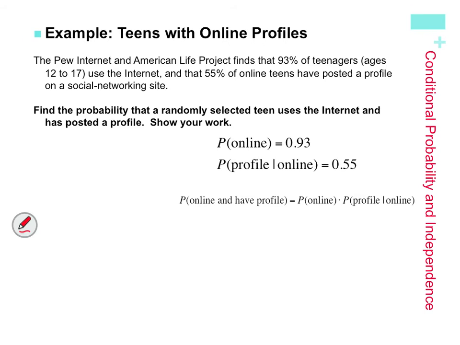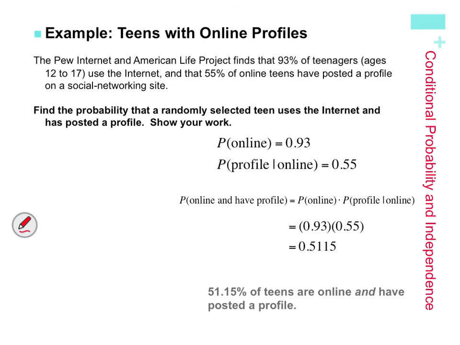So the probability that they use the internet and also have a profile is the probability that they use the internet times the conditional probability that they have a profile given they use the internet. So 0.93 times 0.55 is 0.5115, which implies about 51% of teens are online and have also posted a profile.